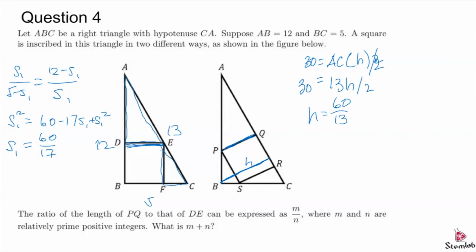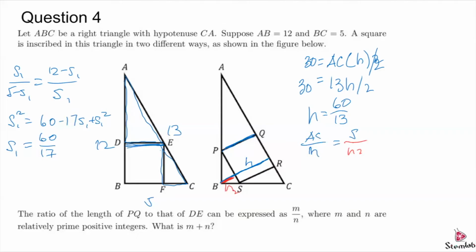So again, by similar triangles, we know that AC over h should be equal to S over a smaller height right there. Let's just call that H2, over H2.